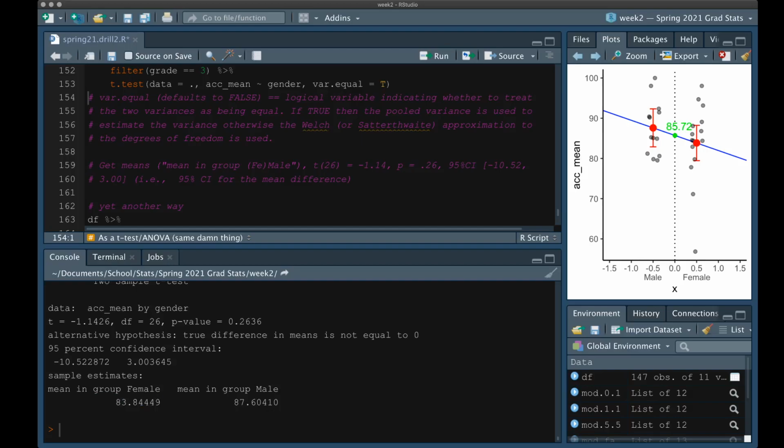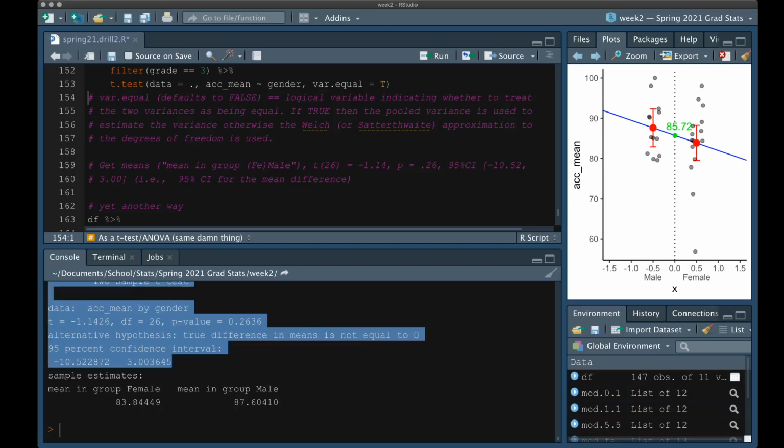Because this 95% confidence interval of the difference captures 0, that means it's not going to be significant. You don't even need this p-value if you have this 95% confidence interval. If this 95% confidence interval was 0.0001 to 3.00, then this p would be less than 0.05.